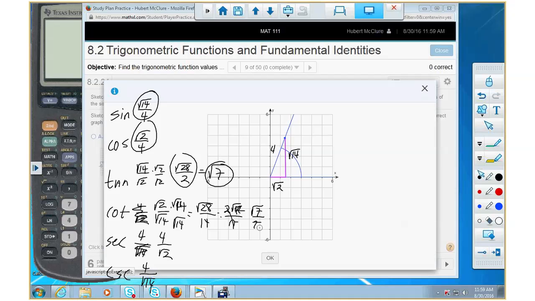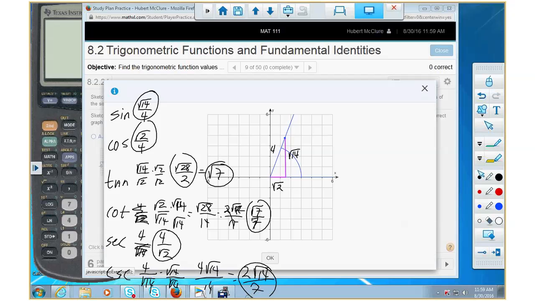Somebody check me on that. And then this one, 4 over square root of 14, is 4 square root of 14 over 14, which is equal to 2 square root of 14 over 7.